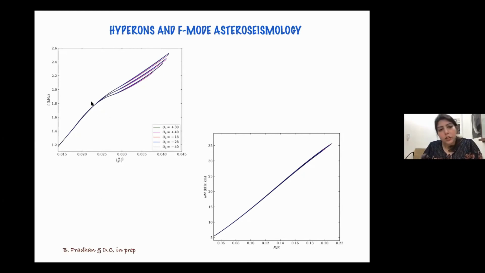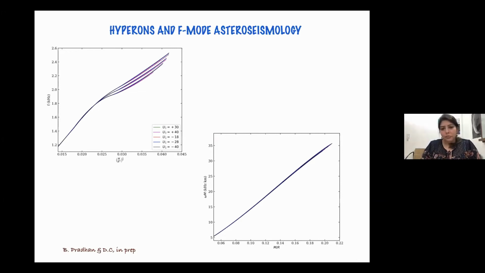On the left figure, we plot the frequencies as a function of the average of the density, and again, the variation of the cascade potentials plays a less dominant role than that of effective nucleon masses. But what is more interesting is that this scaling relationship of the frequency with the compactness remains universal.